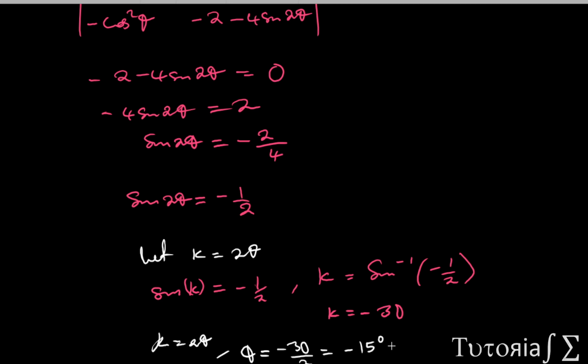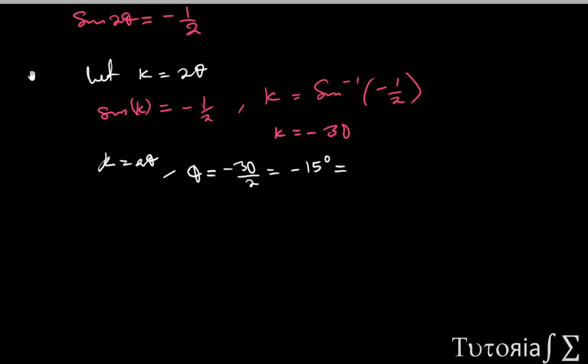Okay, finding the positive value of this, we'll try to locate negative 15 degrees. So how you locate negative 15, you draw a simple x-y plane, and we know that going the negative route, it will be somewhere there. So that is negative 15 degrees.